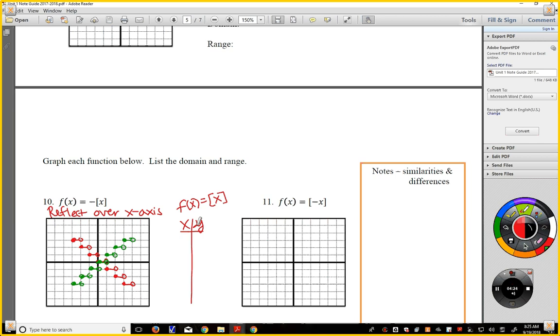And then it makes sense that it would flip over the x-axis because if you had a point previously, like 2, 2, and you applied a negative only to the y value of that point, it would then be transformed to 2, negative 2, which is a point that we would now see in our reflection.